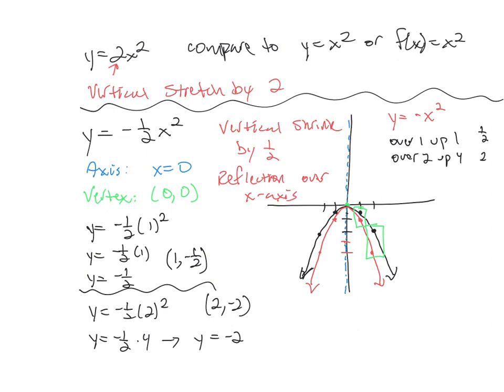Okay, so on all your problems today, you're going to have a vertical stretch or a vertical shrink, one or the other. And then it's just the number that's in front. If you have a negative, the graph should go down, and then you'll have a reflection over the x-axis. Okay?